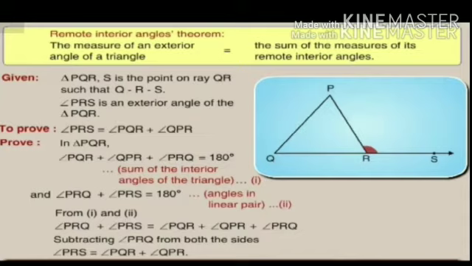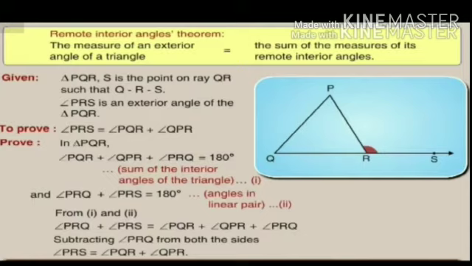Now in triangle PQR, we know that the sum of all angles of a triangle is 180 degree, that is, angle PQR plus angle QPR plus angle PRQ is equal to 180 degree. And angle PRQ plus angle PRS is equal to 180 degree, as you can see in the diagram, these form a linear pair. Now take this as equation number 2.